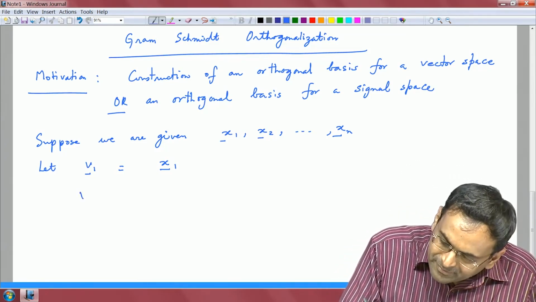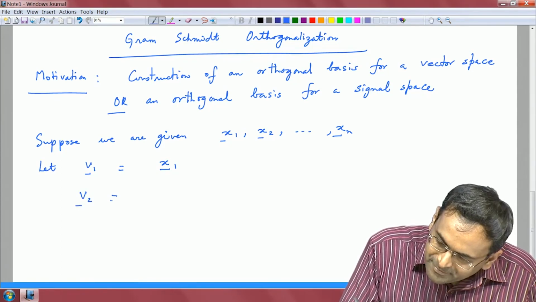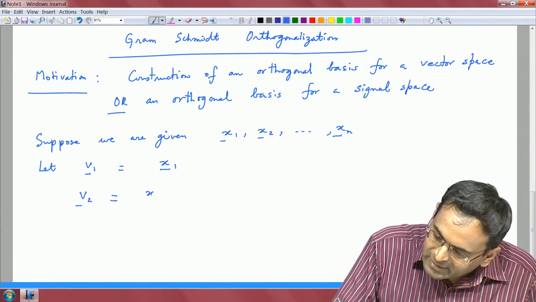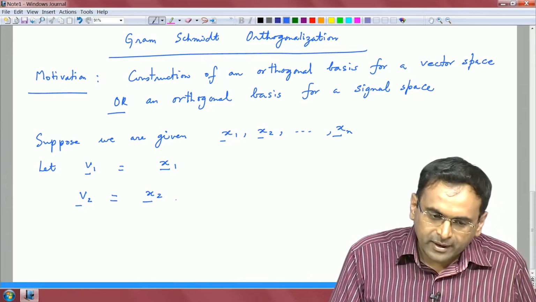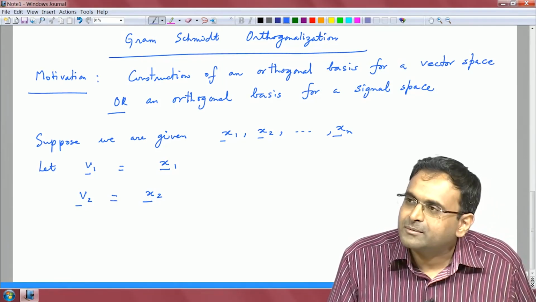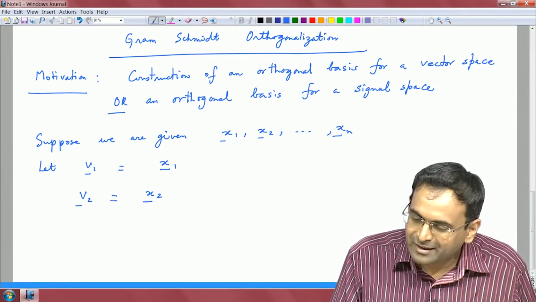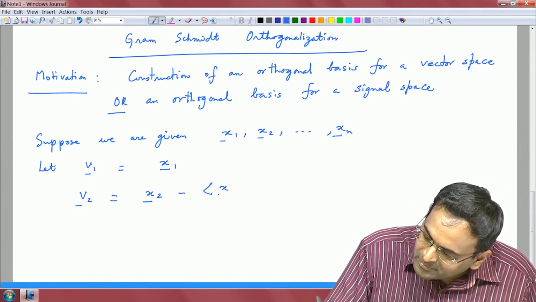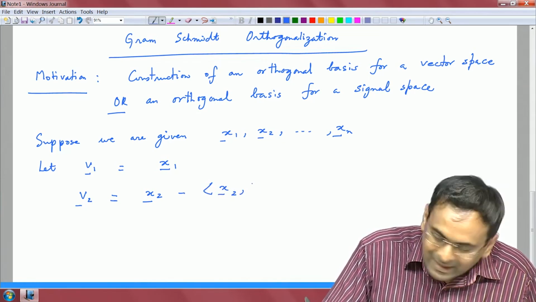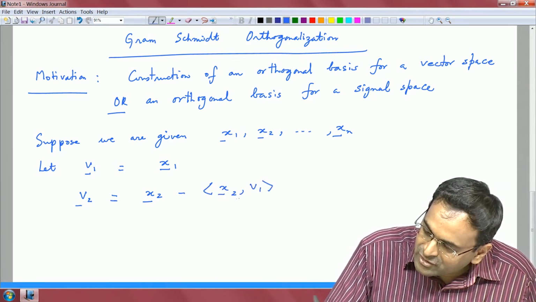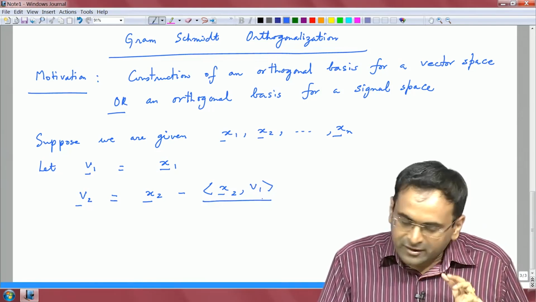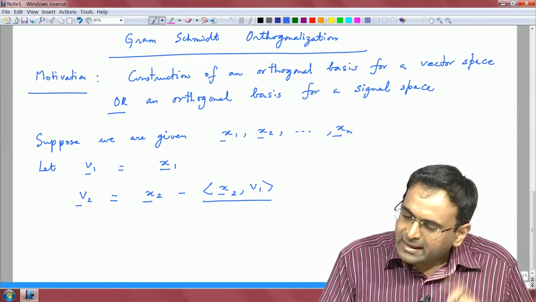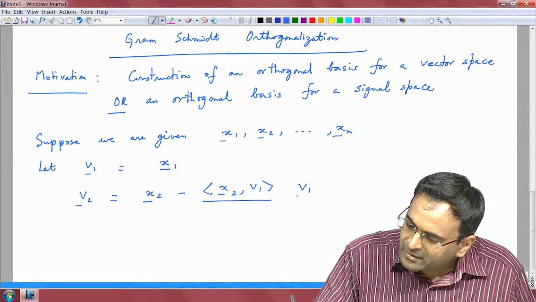Now, V2: I am given another vector from this pool. I pick up this vector x2, then I project x2 on V1, in the direction of V1.